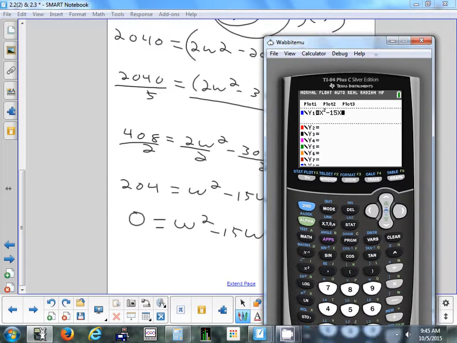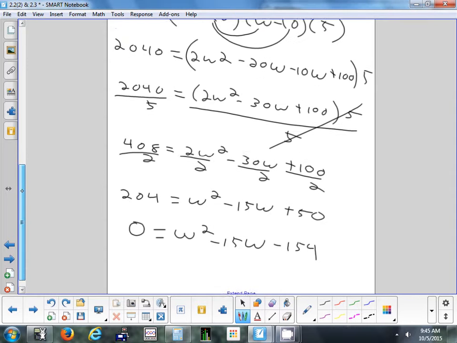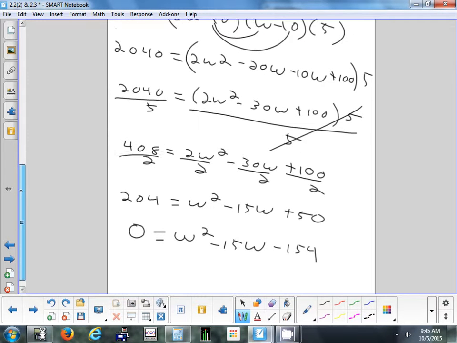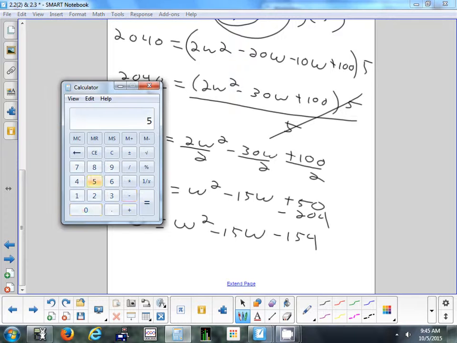So x squared minus 15x minus 150. 146, not 154. Let me double check. So I just did this. I did 50 minus 204. I think that's right. Yeah.